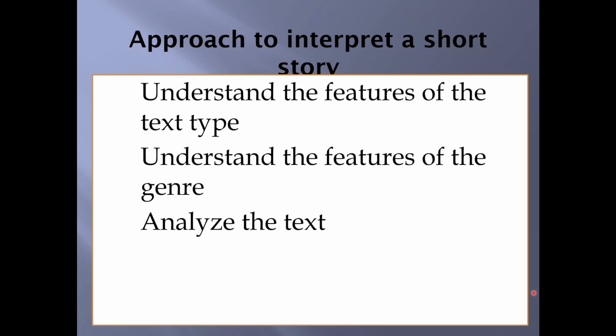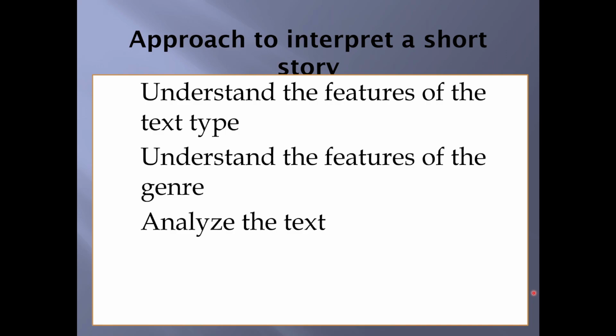So, the approach to interpret a short story. How do you try to understand a particular short story? Okay, you understand the features of the text type: how they write the story, in what form they write the story. And then understand the features of the genre. So certain stories start with a particular aspect.